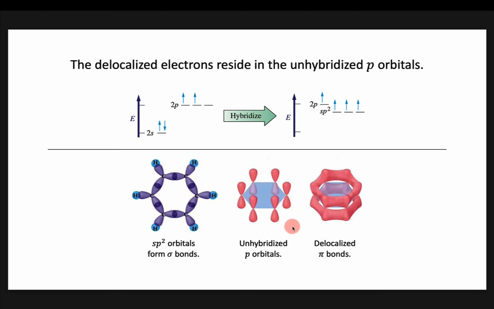And we learned in this unit that unhybridized p orbitals form pi bonds. And so in a benzene molecule, these unhybridized p orbitals form pi bonds. It's just that the pi bonds are delocalized. So you can see that we've made some pi bonds that are spread throughout the molecule.